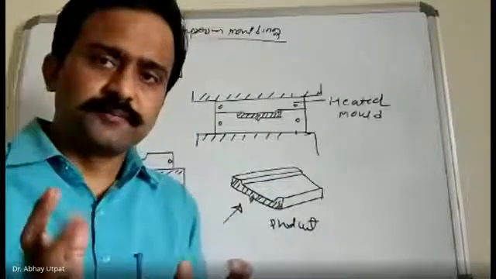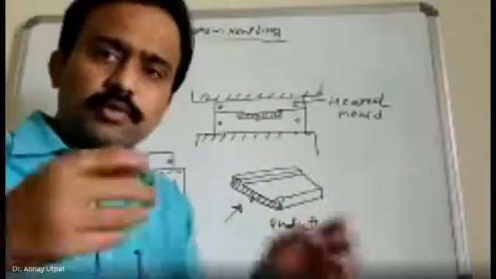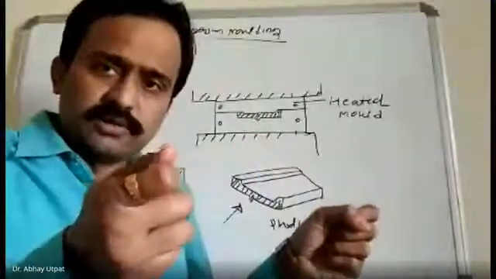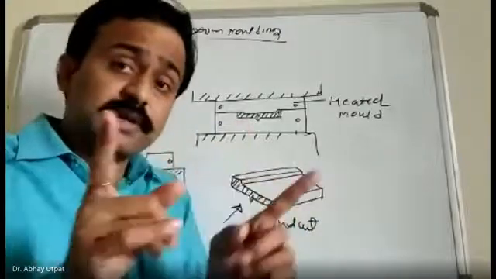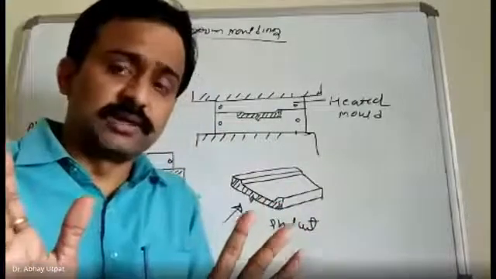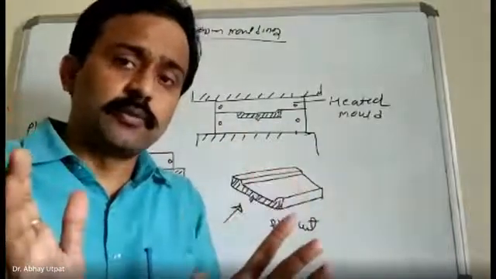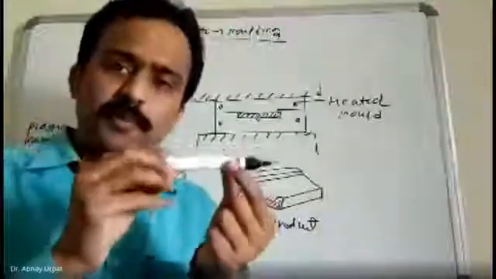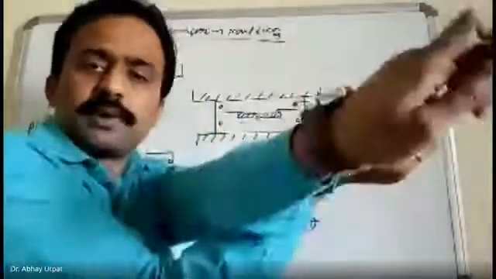You are forcing the material, so when you force the material inside, immediately you are taking it out. Cycle time is less. If there is not proper cooling, what will happen? Suppose this cylinder, a small pipe I have produced. If there is not proper cooling, there will be distortion. The pipe will become crooked.